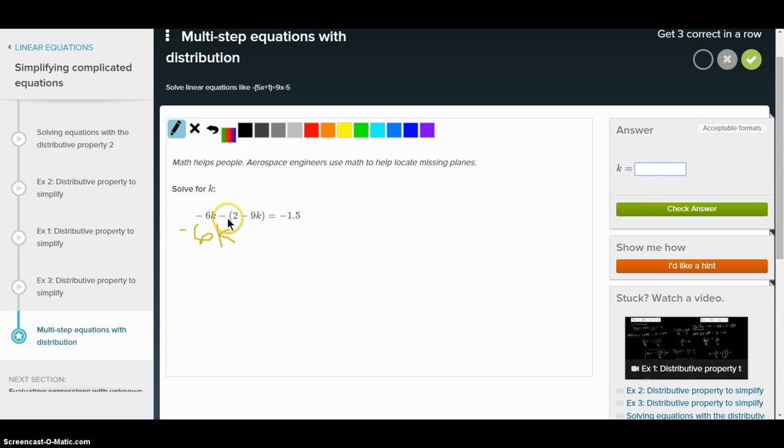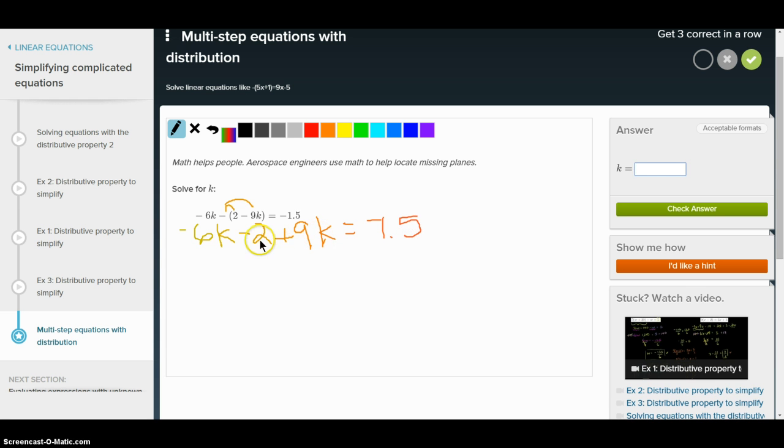So negative 1 times positive 2 is negative 2. And then negative 1 multiplied by negative 9k is positive 9k. And that equals negative 1.5.